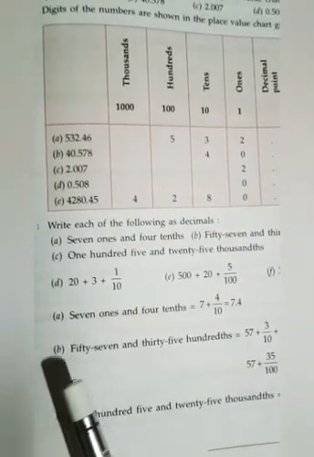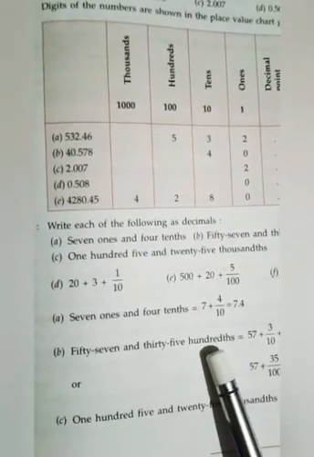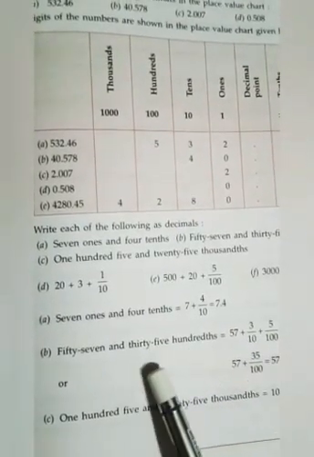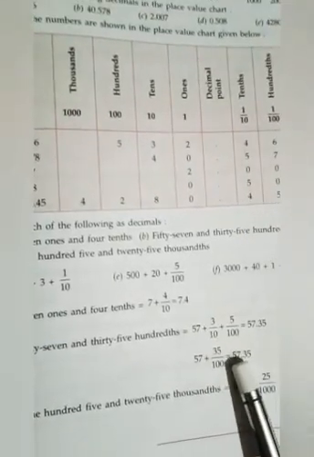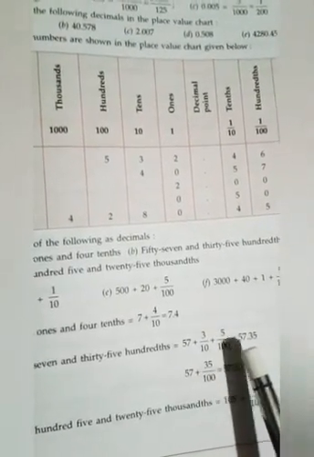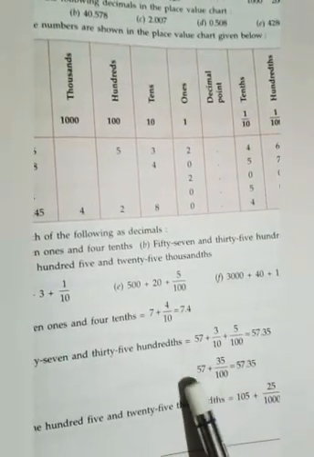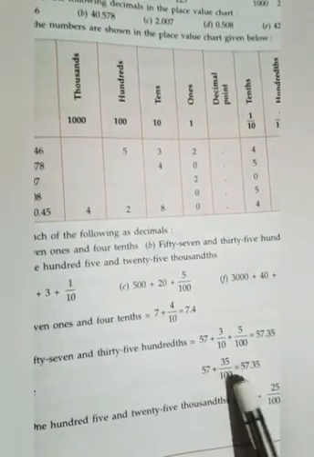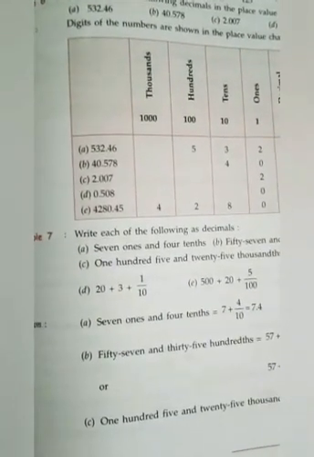Then B bit: 57 and 35 hundredths. 57 plus 3 by 10 plus 5 by 100, that is 57.35. Like this we can write directly 57 plus 35 by 100, that is 57.35. Like this you see C bit.